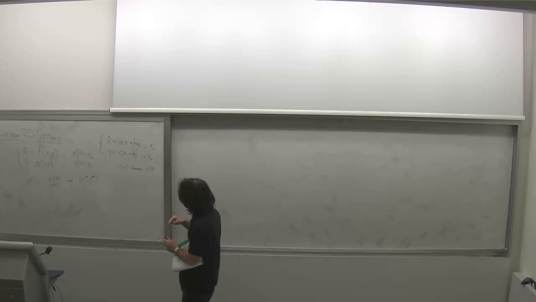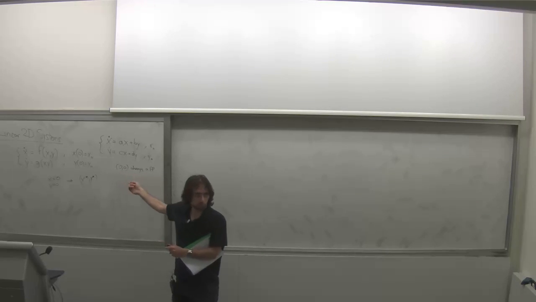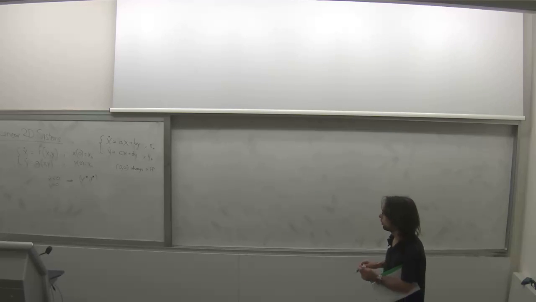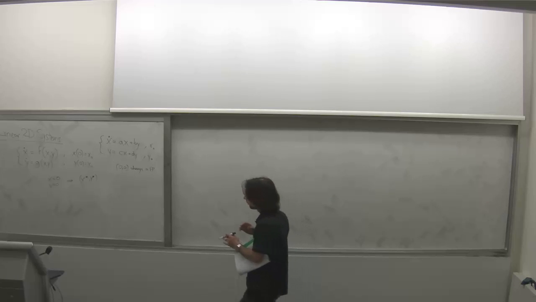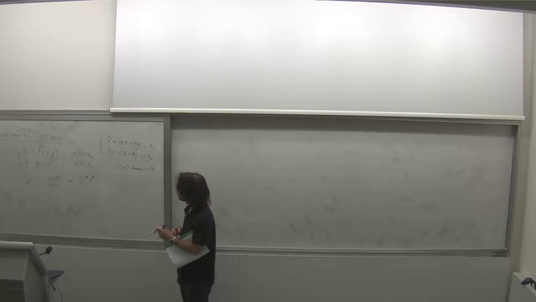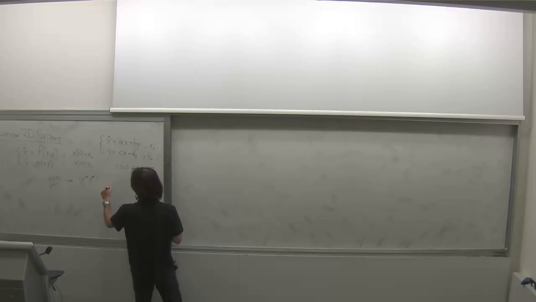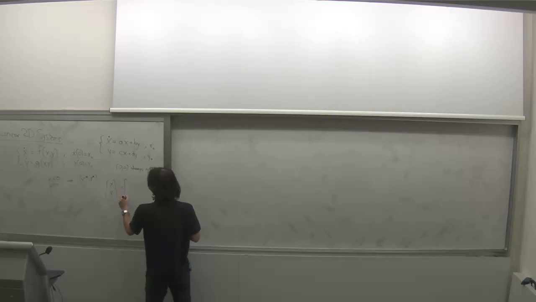So once we have the fixed points, we would like to know something about their stability. In order to do this, it's more convenient to use the vector form or the matrix form of the equation. We just write the system as a product of matrices.